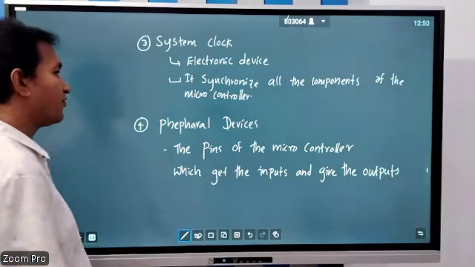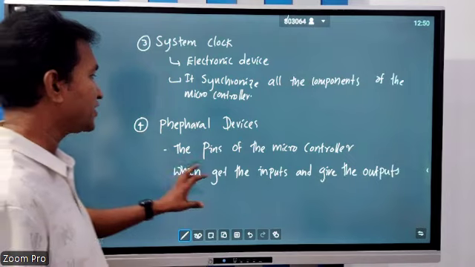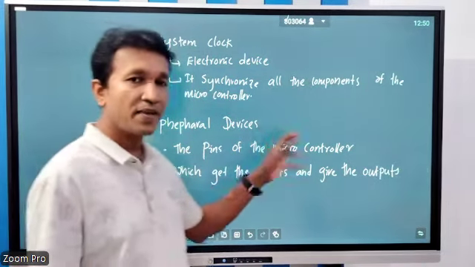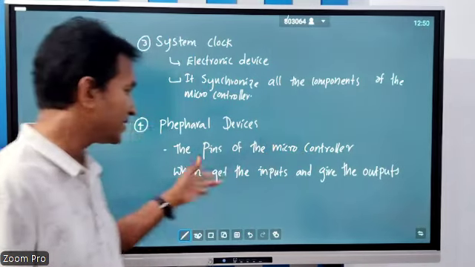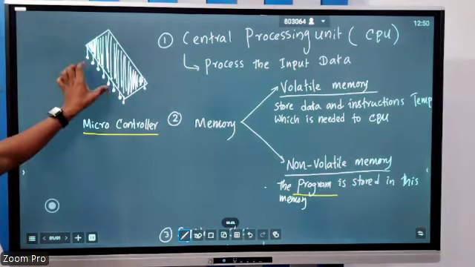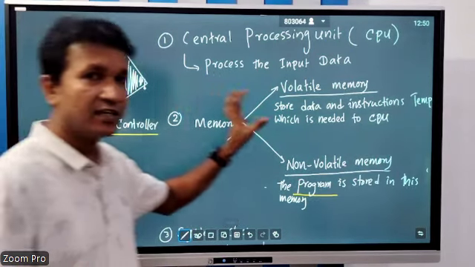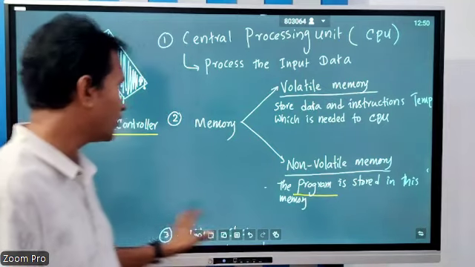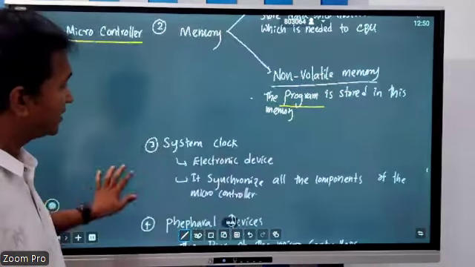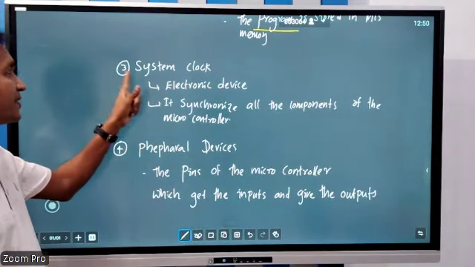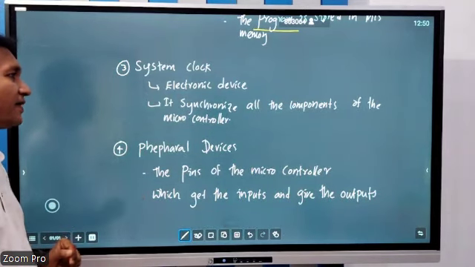We call those pins peripheral devices. In that microcontroller, there are small pins. Some set of pins get the inputs, other set of pins give the outputs. So those are the components of this microcontroller: system clock and peripheral devices.